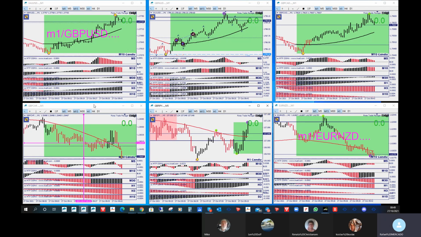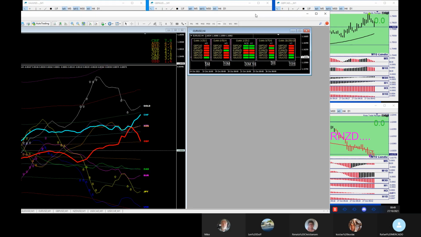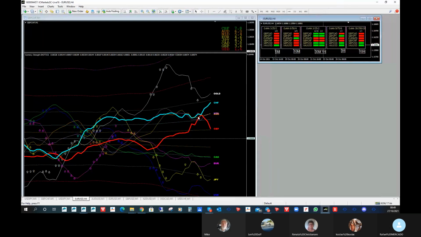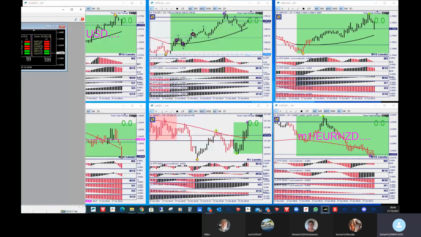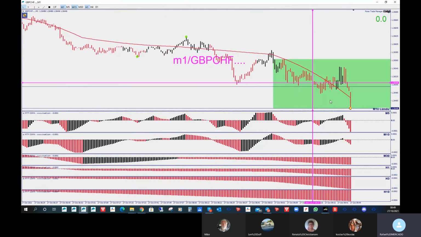Okay, pound is heading short. So it's heavily heading short. Pound Swiss is heading long. So let's see, that's the pound Swiss that I was in.